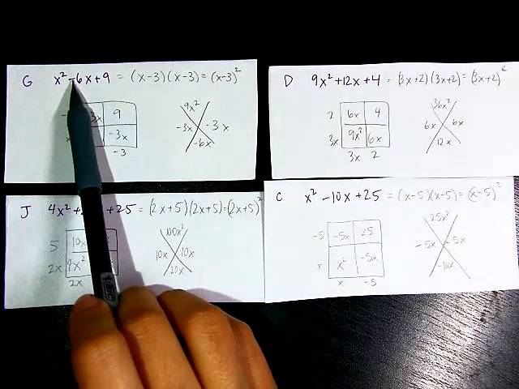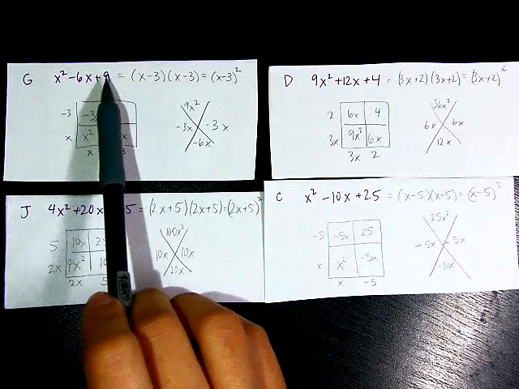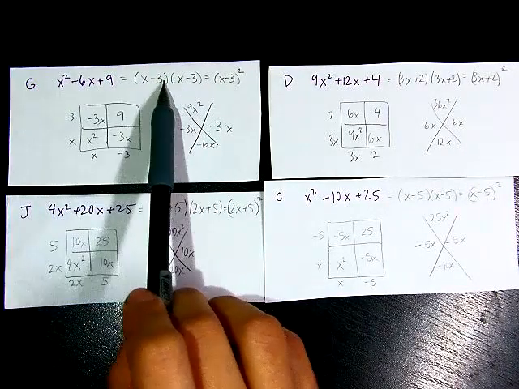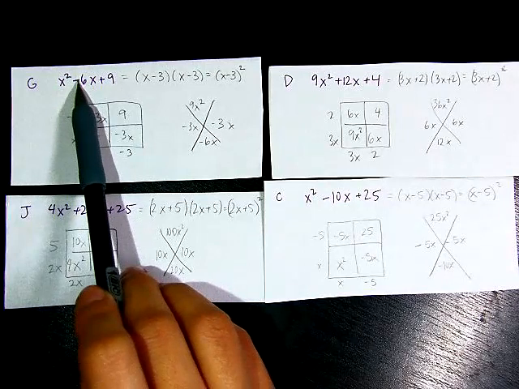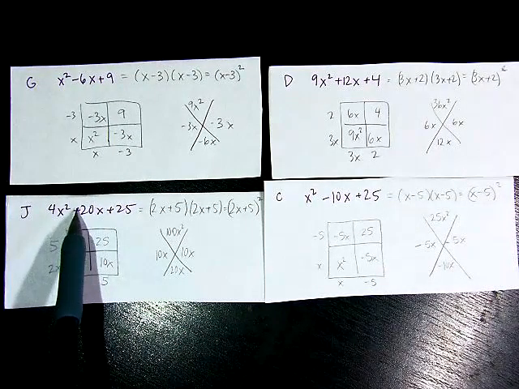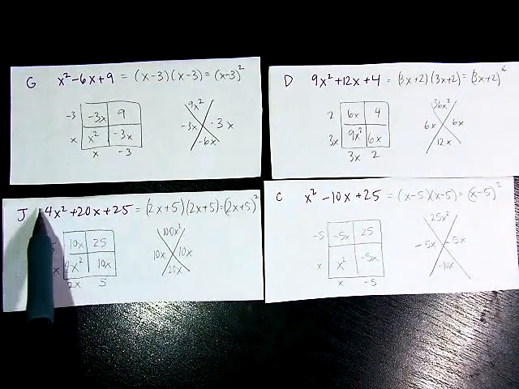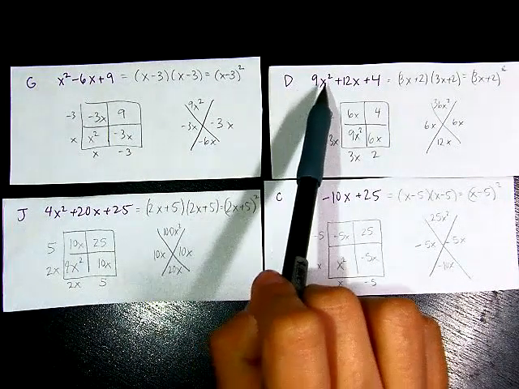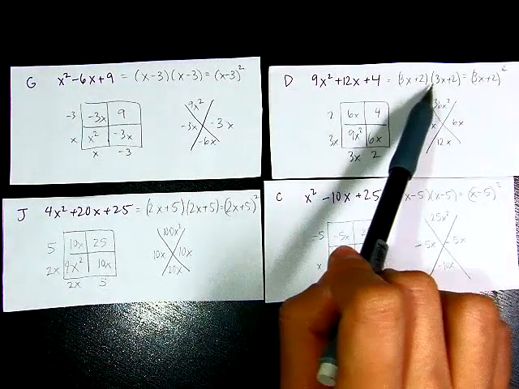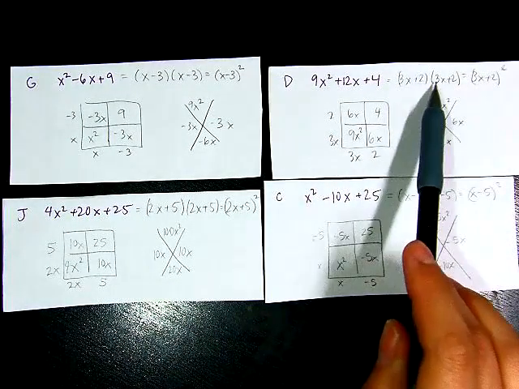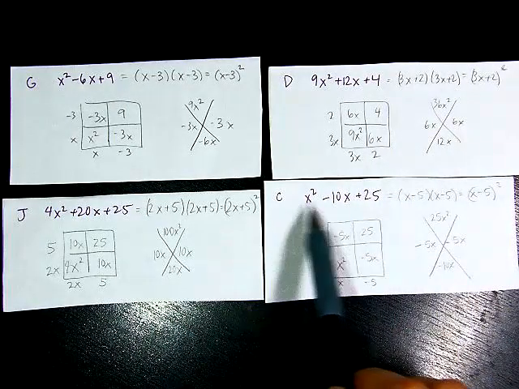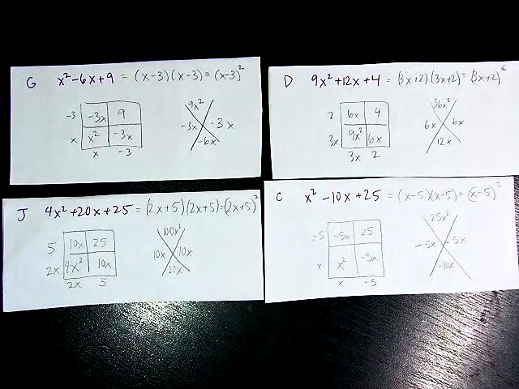How we ended up with that, even though this is a positive, is because -3 times -3 will still give you a +9, like you see in the box here. So you need that negative for the -6. Here you'll notice both of them are positive. Actually, all three terms are positive. Same thing with D, all three terms are positive, so there's a plus sign there. So it's 3x plus 2 squared, 3x plus 2 times 3x plus 2. And then lastly in C, there is a negative here too.